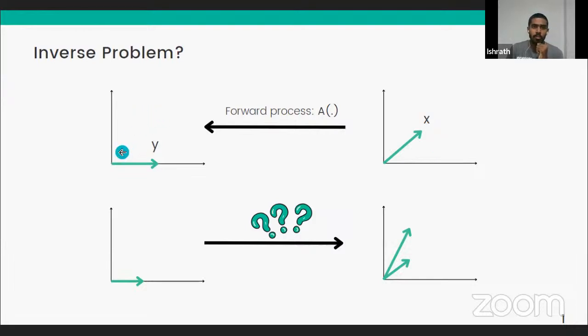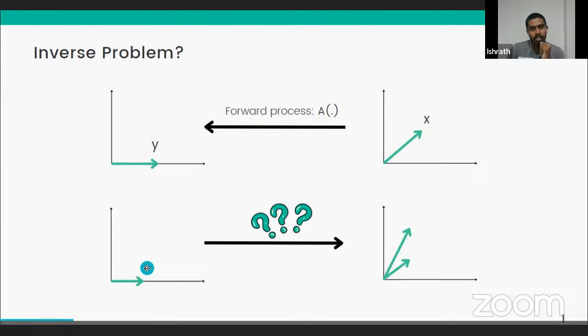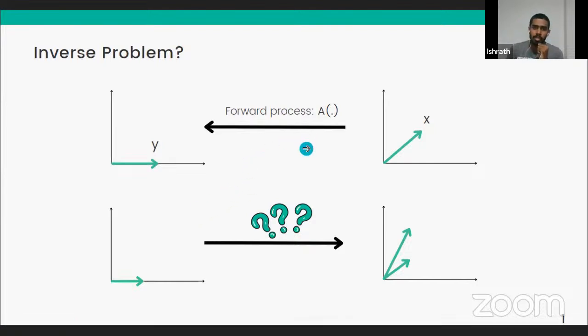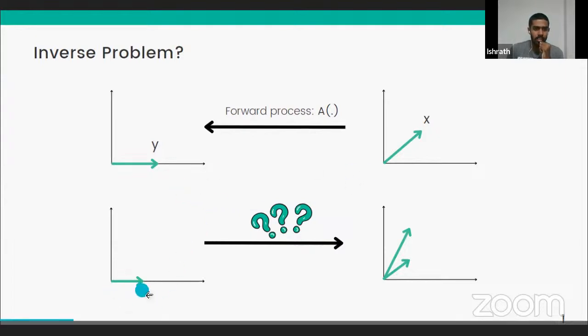So what is the inverse problem? The inverse problem is: if we have a measurement y, can we estimate the ground truth signal corresponding to this measurement y? This forward process A can be linear or non-linear, and most of the time it is non-invertible. In this case, it's obviously non-invertible, so for this vector there can be an infinite number of solutions that could be the ground truth vector.